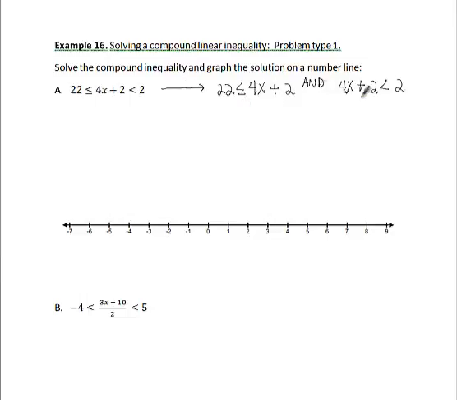Alright, so we start out solving each inequality. Minus 2, both sides. 2's cancel. We have 20 less than or equal to 4x. Divide by 4 on both sides. 4's cancel.